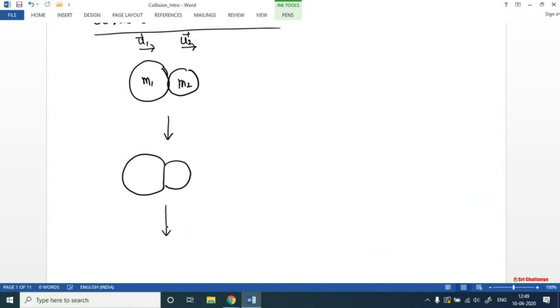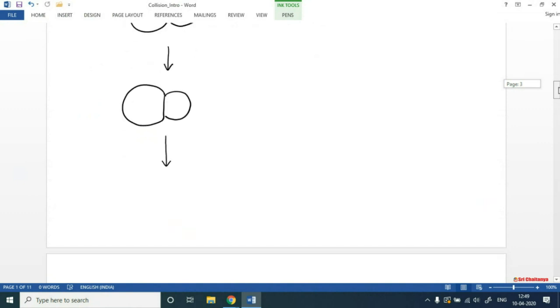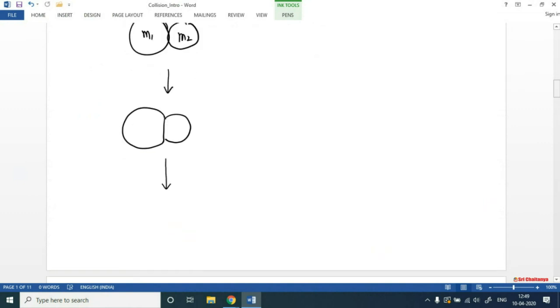And if the body gets deformed permanently, this nature would be inelastic nature. So up to a limit, all the bodies will try to regain their shape, and they will reform to some extent, and after the collision they will continue to move with some velocities v1 and v2.